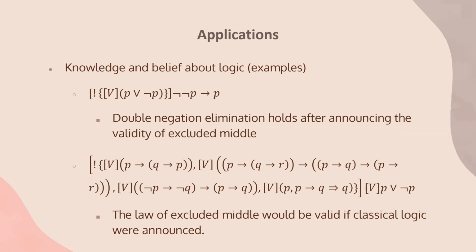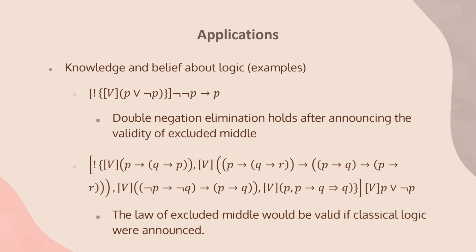This says that after announcing that classical logic is correct, the law of excluded middle would be valid. In this update operator, I've just included a brief axiomatization of classical logic. It has 3 axioms and modus ponens.